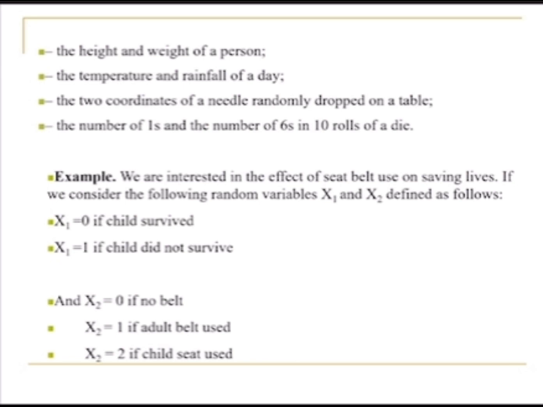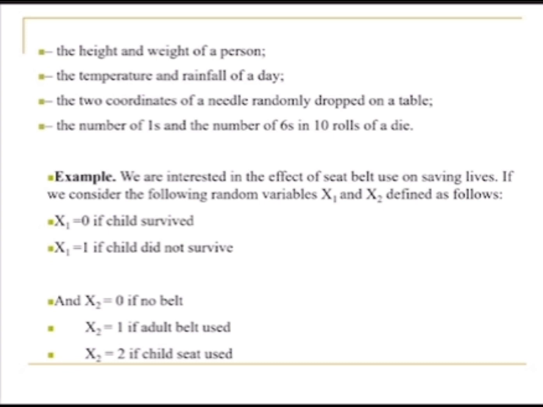Now let's go into another variable, X2. X2 equals 0 if you don't use any belts, X2 equals 1 if an adult belt is used, and X2 equals 2 if a child's seat belt is used. Oh my God, we got two variables now, but the two variables have different state spaces.